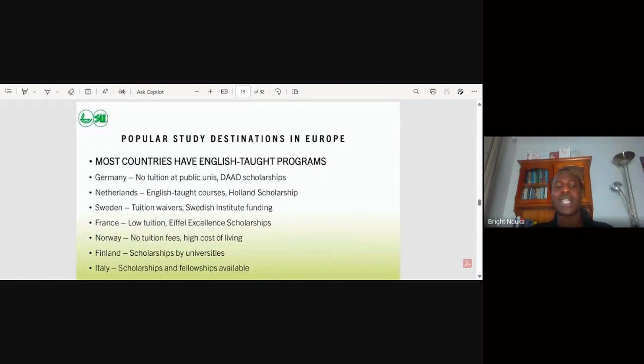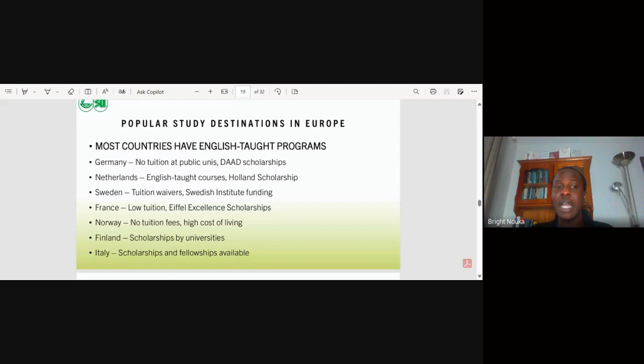Now, what are popular destinations in Europe that you can look at? Most countries have English-taught programs, even though they are not English-speaking nations. Germany, Netherlands, Sweden, France, Norway, Finland, Italy. These are countries within Europe that offer funding opportunities that we are not even aware of. No tuition fee at public universities.